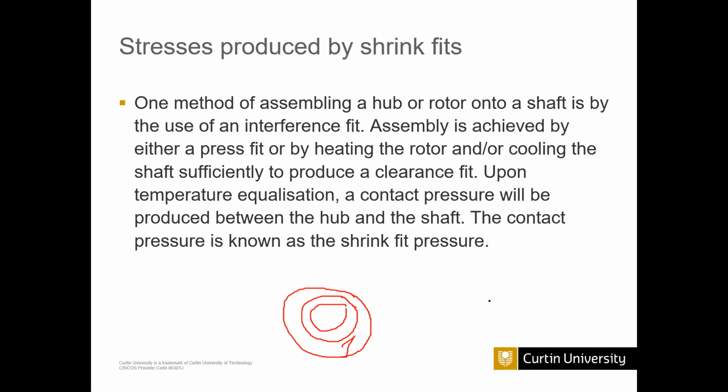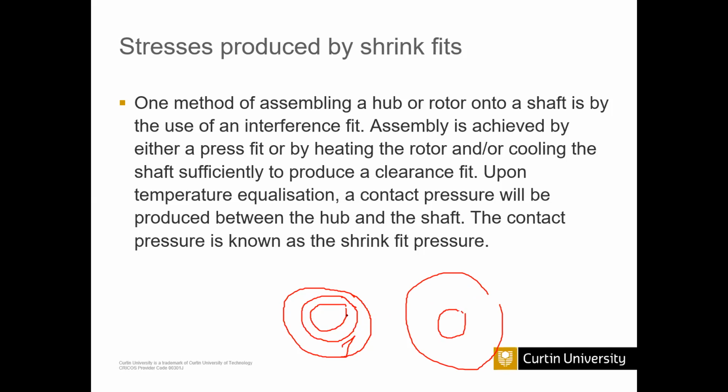Assume this thickness and this thickness together are equal to one single cylinder thickness. Then instead of using one thick cylinder, we will use a compound cylinder. This is called a compound cylinder, combining two cylinders together.